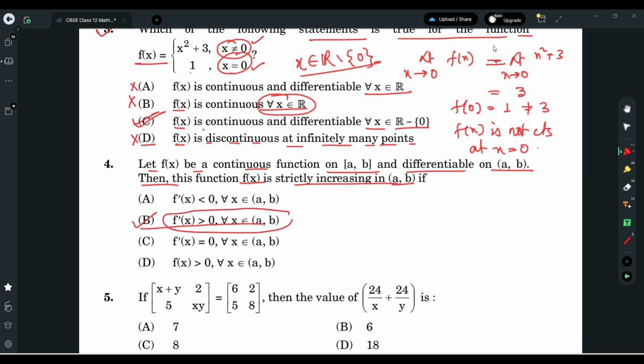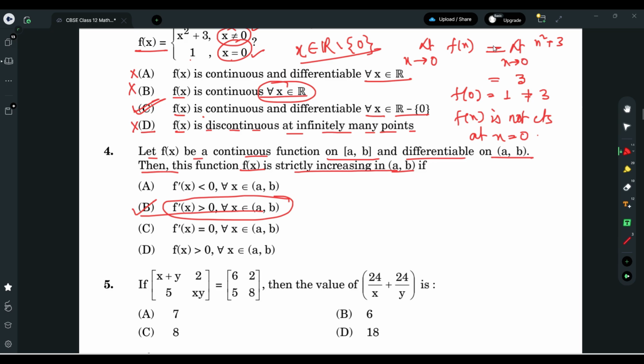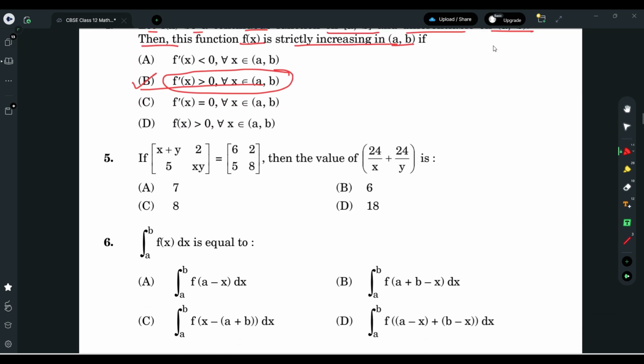Okay. Next problem. If the matrix with entries x plus y, 2 and 5, xy are equal, then find the value of this. If these matrices are equal, then the corresponding elements are equal. That means x plus y equal to 6, and obviously xy equal to 8.